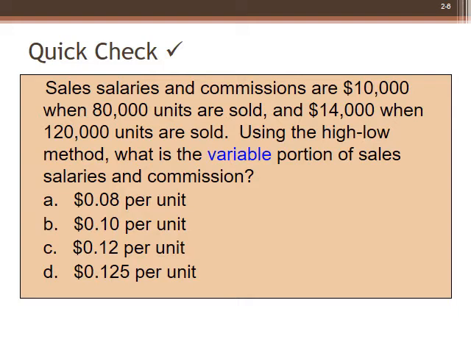Okay, I hope you have already done it, so let's do it together. Sales salaries commission are 10,000 when 80,000 units are sold, and 14,000 when 120,000 units are sold. In that case, we use the high-low method to find the variable cost. What is the highest level of activity?